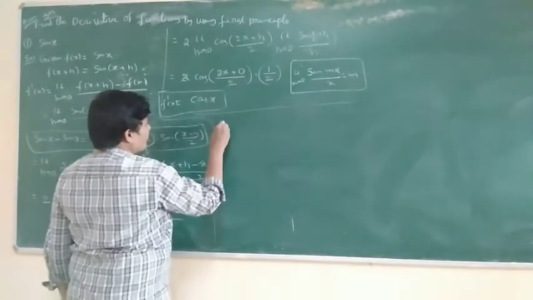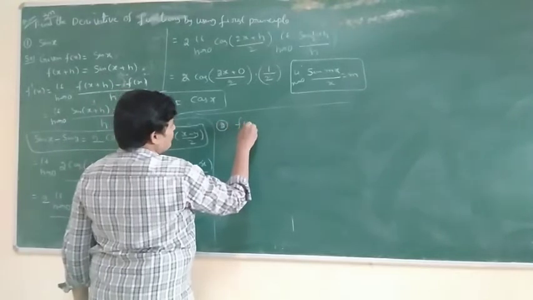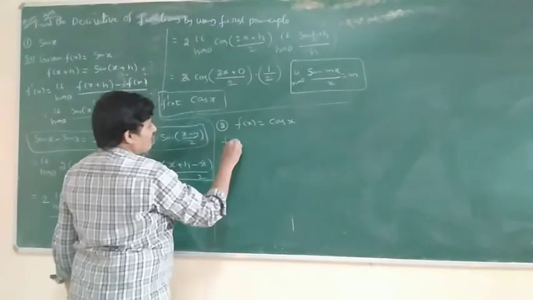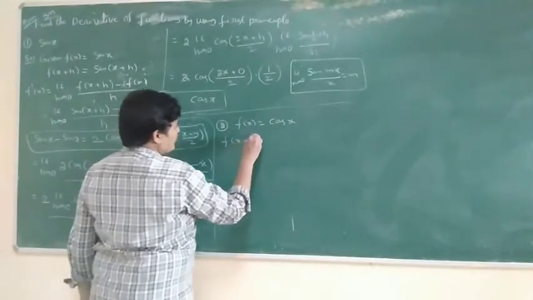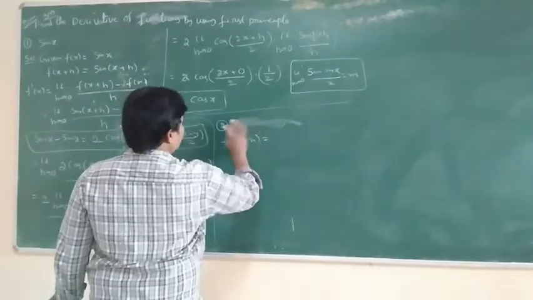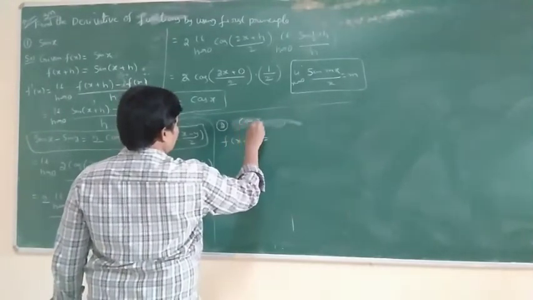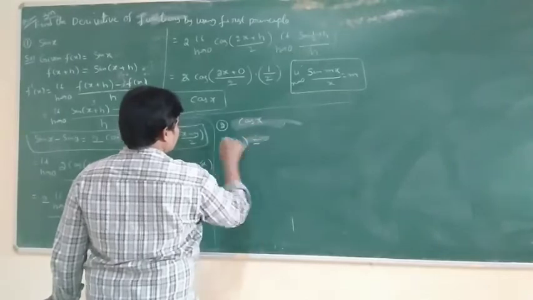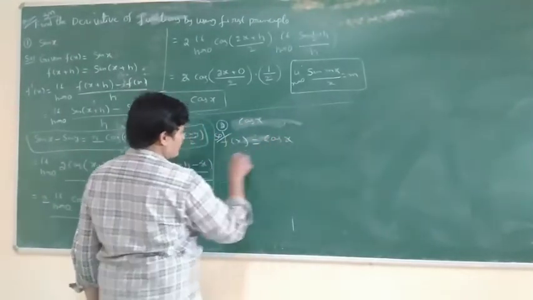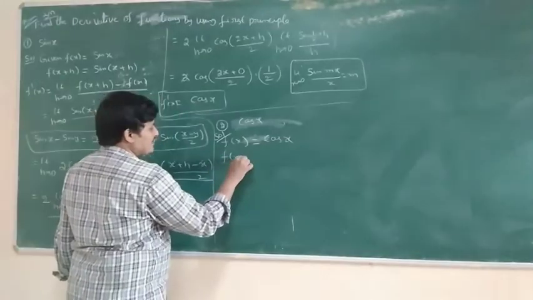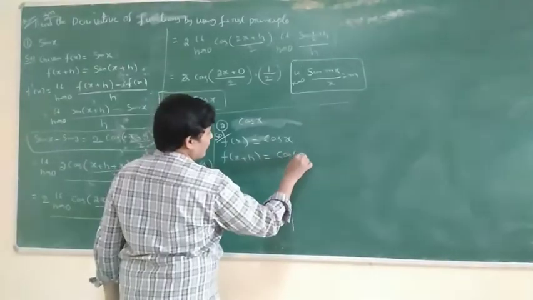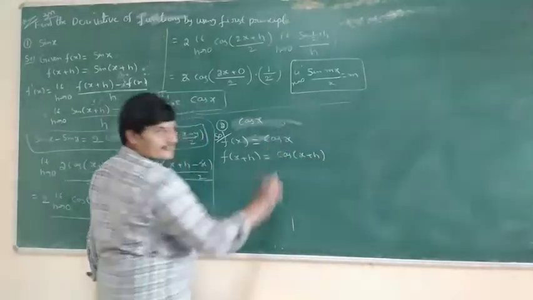The second one: f of x is equal to cos x. Now f of x plus h is equal to cos of (x plus h).